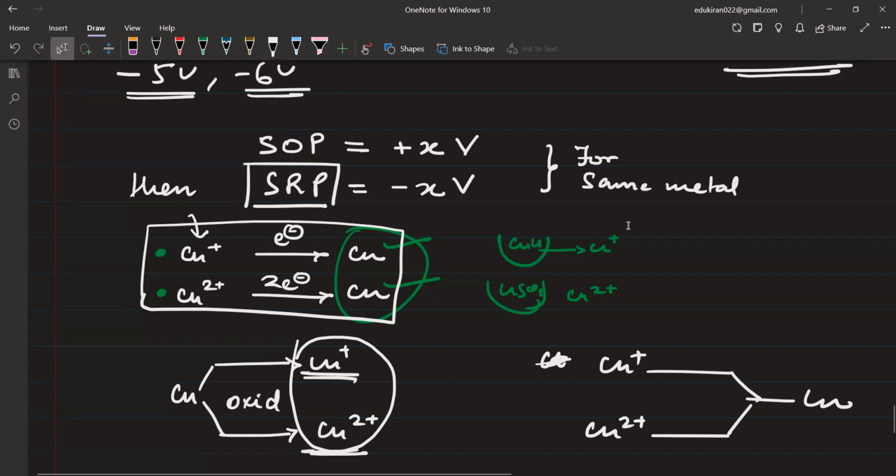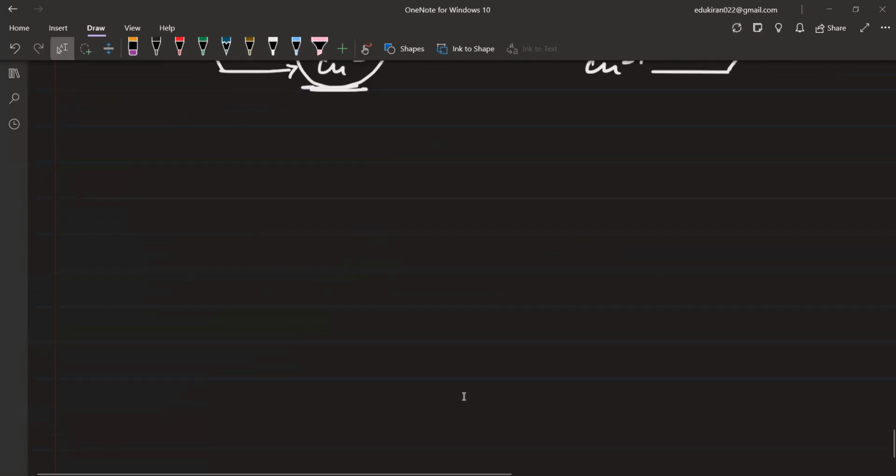You will write that next point. Okay. All of you understood this thought? If you did not understand it now, slowly you will understand why we have taken standard reduction potential as the standard electrode potential.